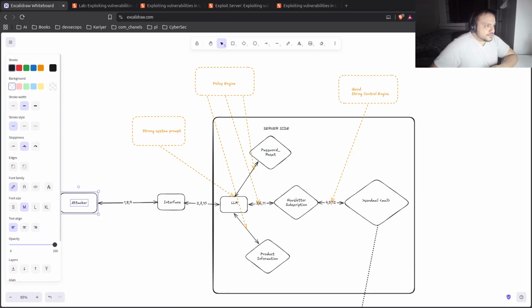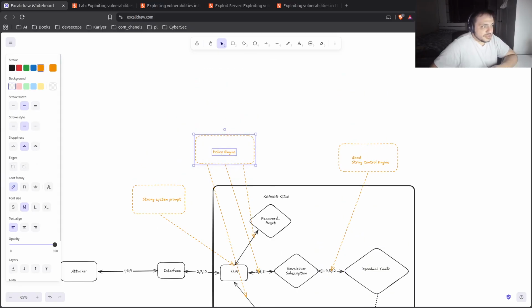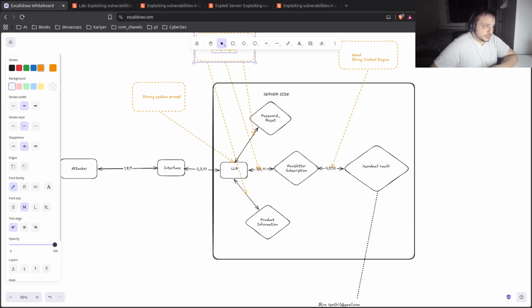So yeah, as you can see, this is not a good design to go with, which sometimes happens, but for modern systems this is in general probably not the case, but for legacy systems maybe you will be able to see these types of issues. And also you need something like a policy engine that will enforce how function calls are used and what is contained in the arguments while using the function calls.